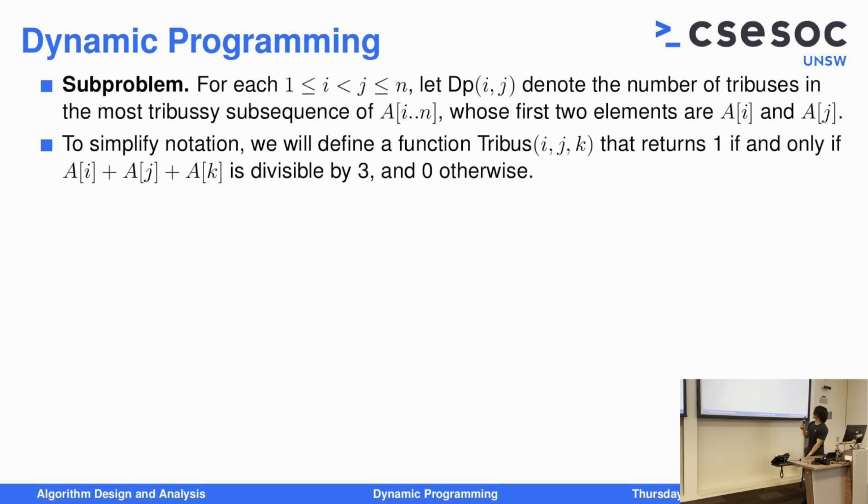Firstly, just to simplify notation, we will define a function tribus(i,j,k) that returns 1 if and only if a_i plus a_j plus a_k is divisible by 3 and 0 otherwise. So you can just think of it as an indicator function that just returns 1 or 0.